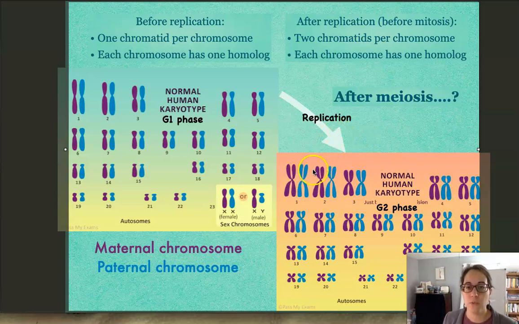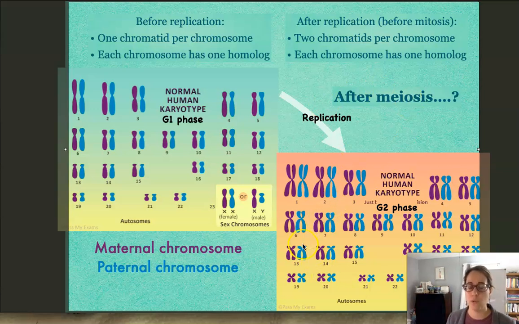All right, then we look over here after the genome is duplicated after replication, and we see that for chromosome 2, now we have 2 sister chromatids per chromosome. So this purple X is 1 entire chromosome. And then this blue X is 1 entire chromosome as well. And we see again that we have 2 homologs to make up a pair. And so I've stated that here.